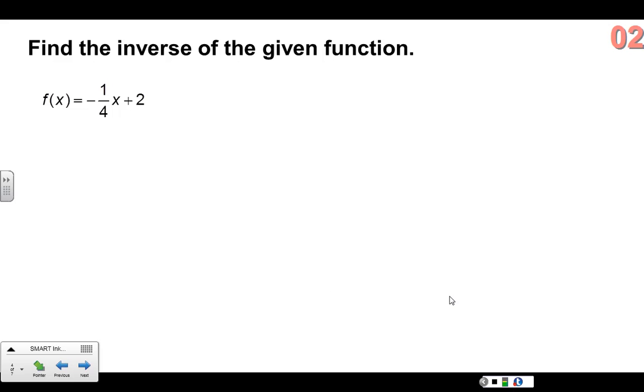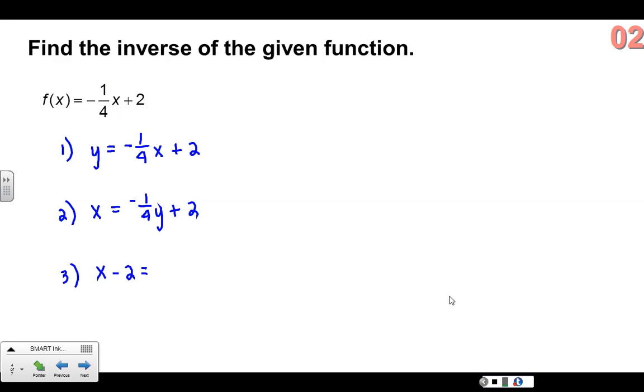Let's try this one. Same procedure. First step is write it in terms of y's and x's. Switch the variables. Now solve back for y. So I'm going to subtract 2 from both sides.